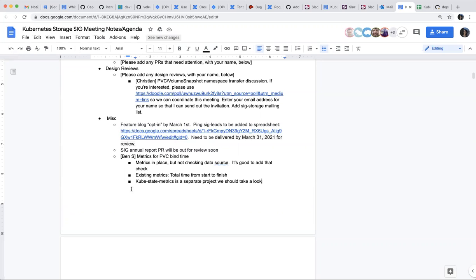Hey, do you guys know this kube state metrics thing? You can actually use that to watch CRDs as well. Do you know that part? I don't know off the top of my head. I agree that we should look at it, but I suspect those metrics will be slightly inaccurate. Maybe that's fine, a couple of milliseconds or microseconds here and there.